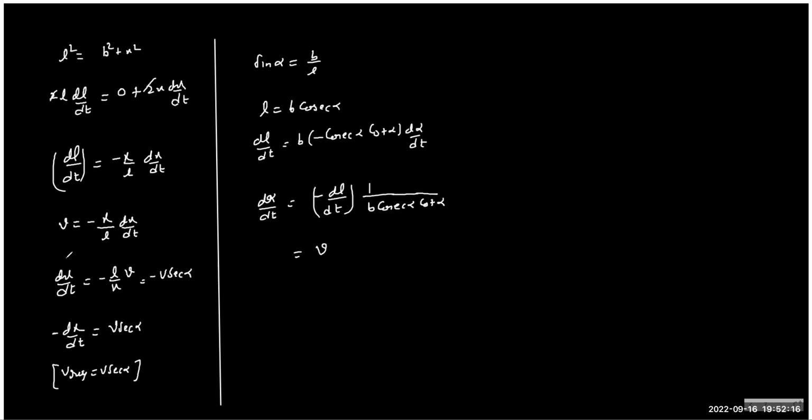L and x both will decrease. Yes. Okay. Minus v. All right, we can just take care of the sign. So dL by dt we can write as v, because we are writing the value, and 1 by cosec alpha is sin alpha, and cot alpha is cos by sin. You can see the same answer.